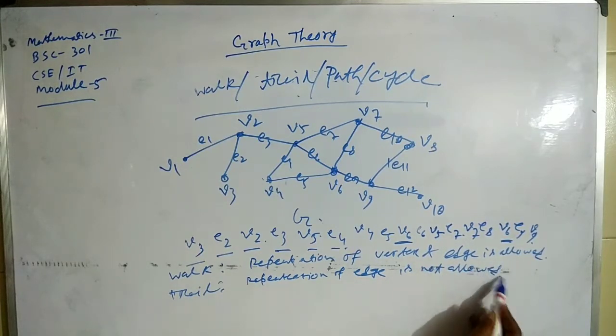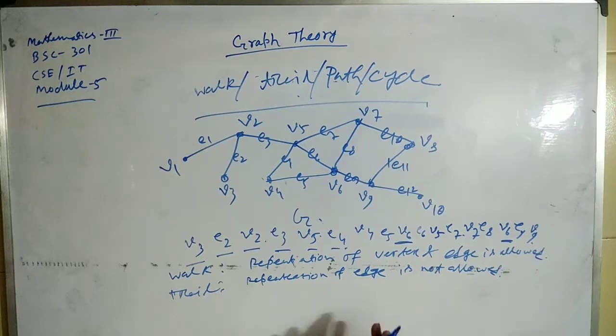No repetition of edge is in a trail. In a walk, vertex and edge both can be repeated. In a trail, no edge can be repeated.